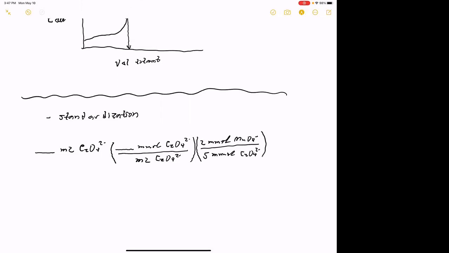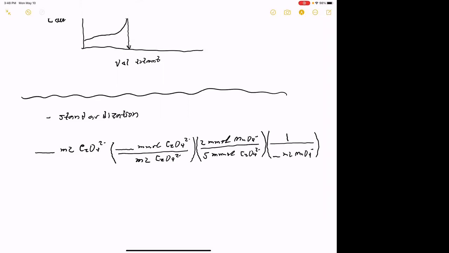So now that gets me to millimoles of permanganate. Now I want to get to a molarity. So the other piece of information I need here is the volume of the permanganate I used in the titration. That's going to go in the bottom. So 1 over some number of milliliters of MnO4.